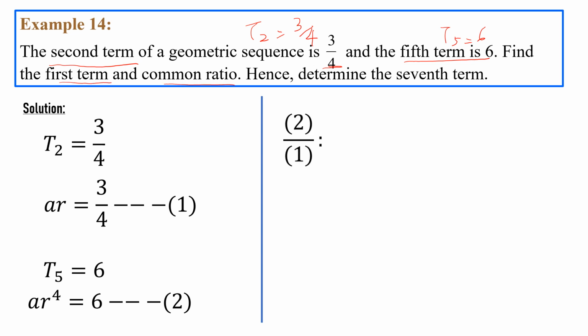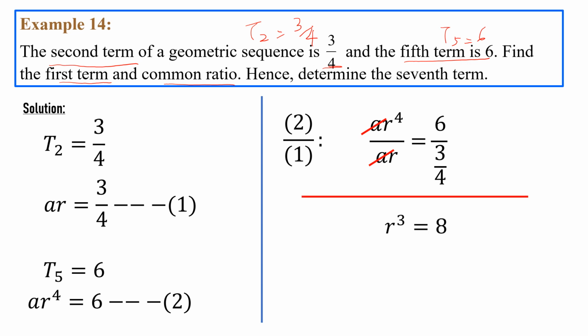Let's say equation 2 we divide by equation 1. So what we have here, AR to the power of 4 from the second equation divided by AR equal to 6 over 3/4. And you can see that we can simplify A. And finally we get R to the power of 3 equal to 8.